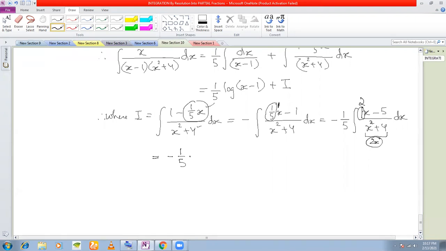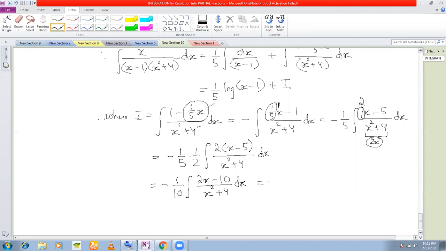So I take a half outside and multiply everything by 2, twice of x minus 5, divided by x square plus 4 dx. So you get minus 1 by 10 times the integral of (2x minus 10) divided by x square plus 4 dx.